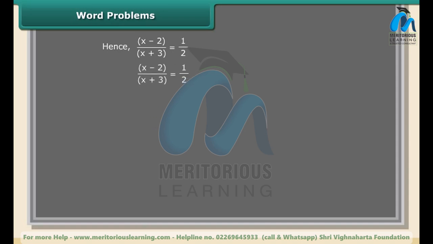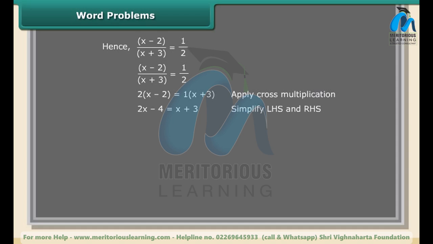x minus 2 upon x plus 3 is equal to 1 upon 2. 2 into x minus 2 is equal to 1 into x plus 3. Apply cross multiplication. 2x minus 4 is equal to x plus 3. Simplify LHS and RHS. 2x minus x is equal to 3 plus 4.